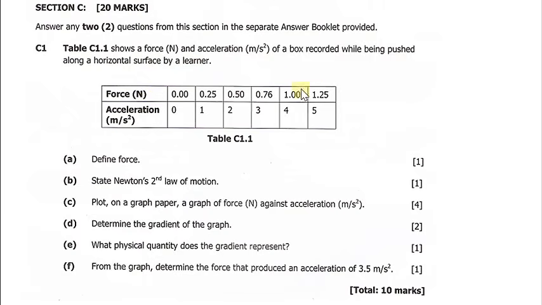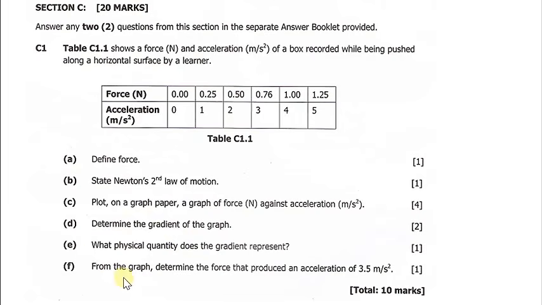So force, these are the forces, then acceleration, that is the acceleration. Then A, define force. B, state Newton's first law of motion. C, plot on a graph paper a graph of force against acceleration. D, determine the gradient of the graph. E, what physical quantity does the gradient represent.